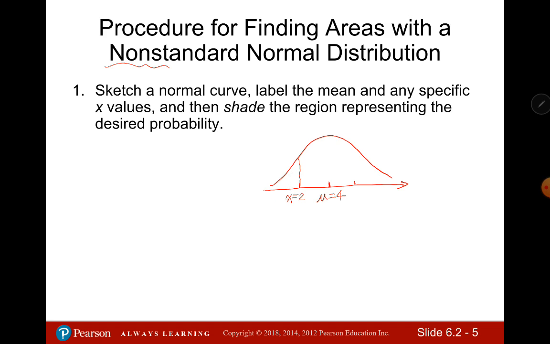So for example, if we are interested in the probability that x is smaller than 2, then we shade the left part. So the first step is to try to sketch a curve to help you understand.